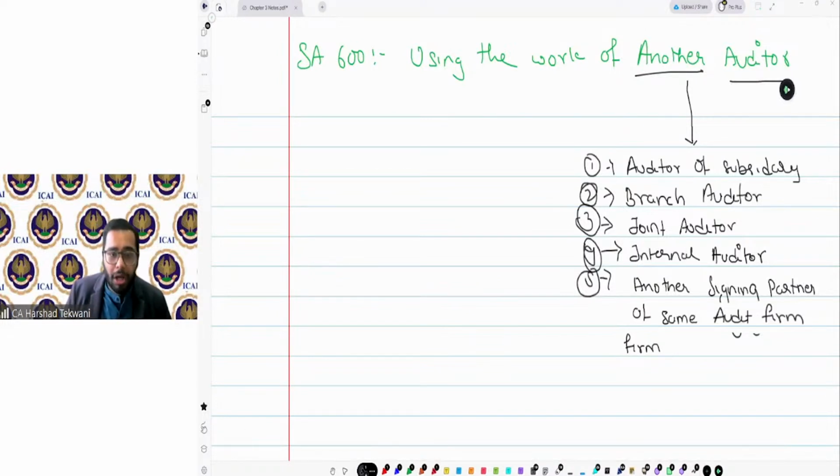Okay, except joint auditor, all are another auditor. Branch auditor and internal auditor. Come on, guys, quickly. What do you think?